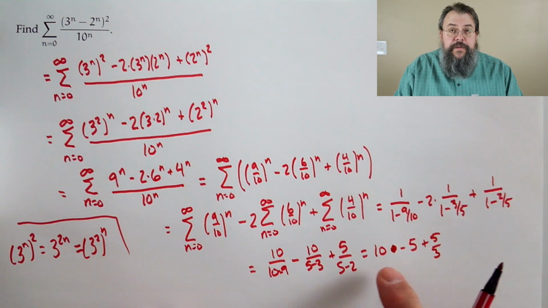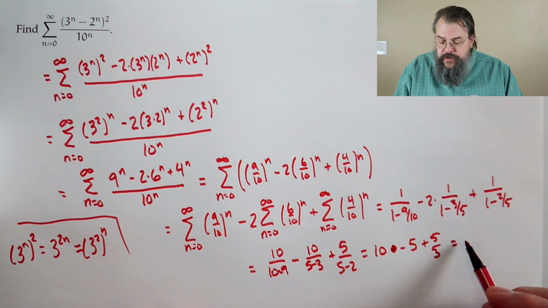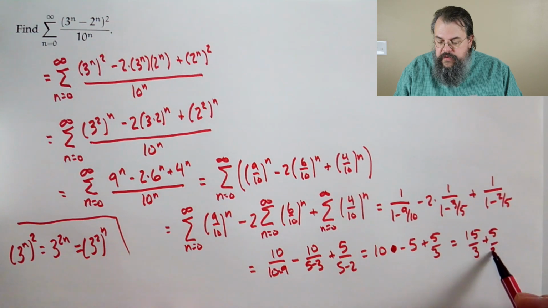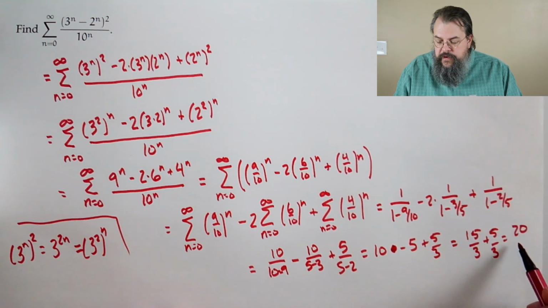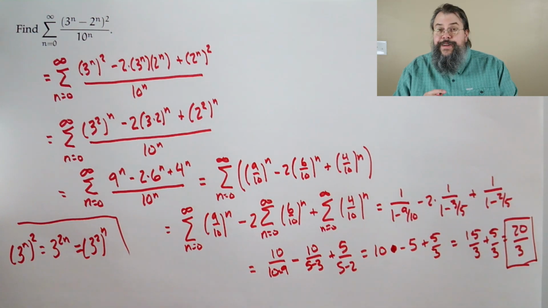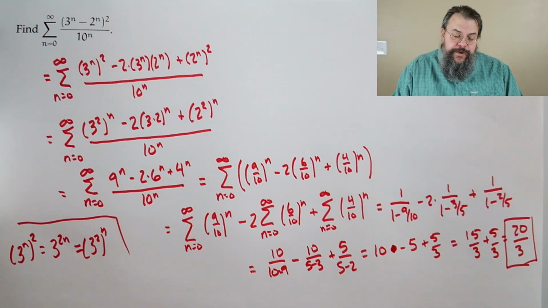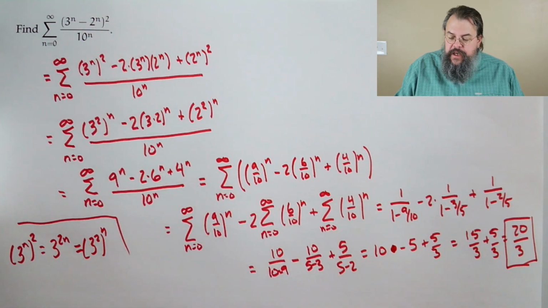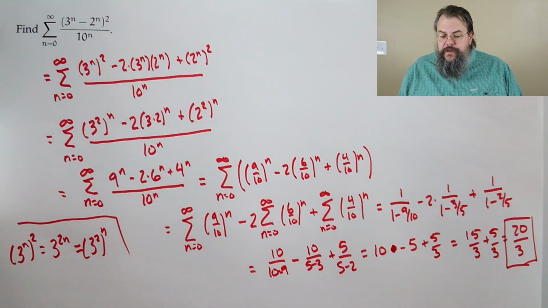Well, 10 minus 5 is 5, which is really 15/3 plus 5/3, giving us a total of 20/3. And there we go. So this sum, 3 to the n minus 2 to the n squared over 10 to the n, will add up to 20 over 3.